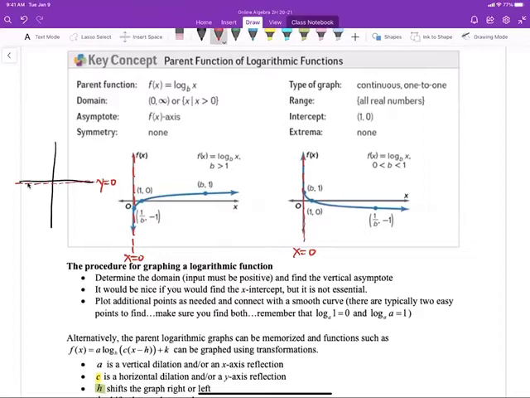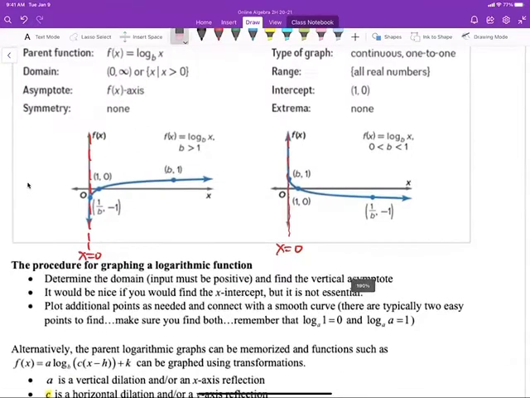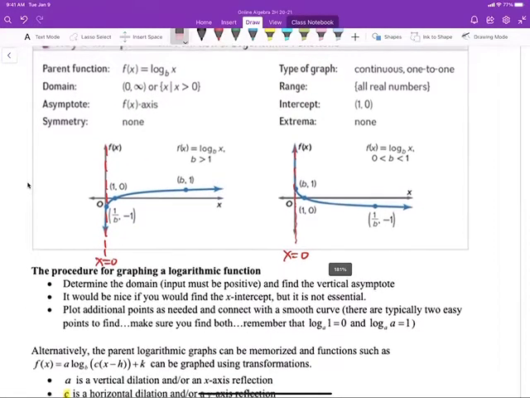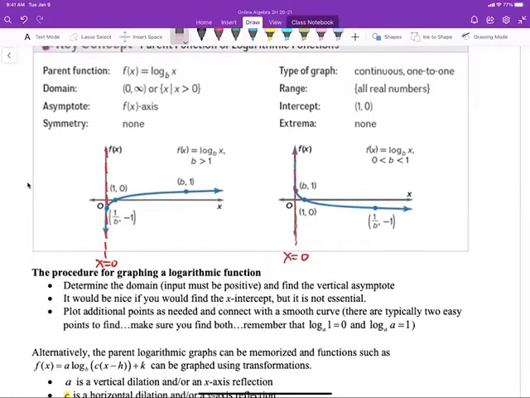And remember, when I take an inverse function, horizontal lines become vertical lines. So it makes sense that I have this vertical asymptote with this log function. Okay, that's the first thing I would like to point out.